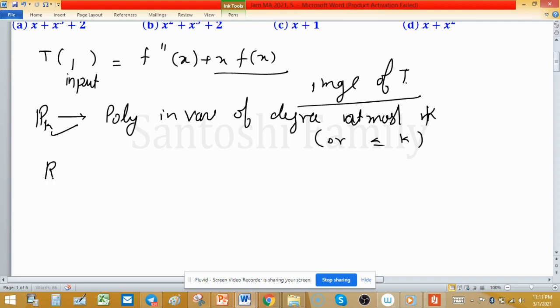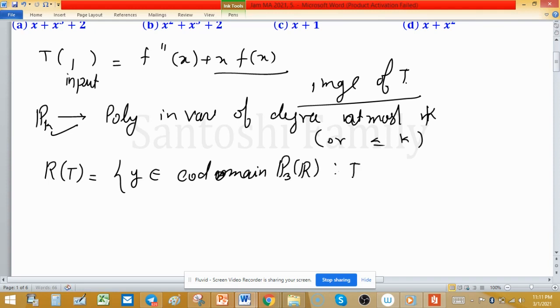The range set of T is all those y in the codomain, and here the codomain is P3(R), real polynomials of degree at most 3, such that T of f(x) equals y.